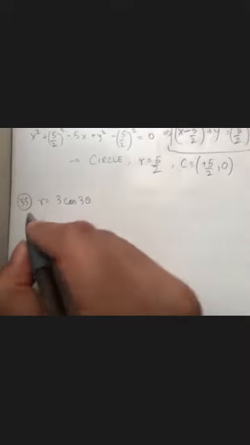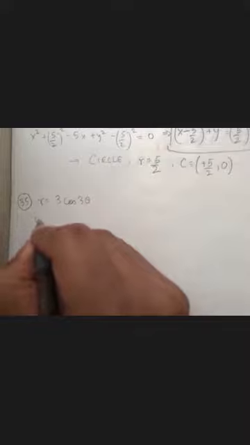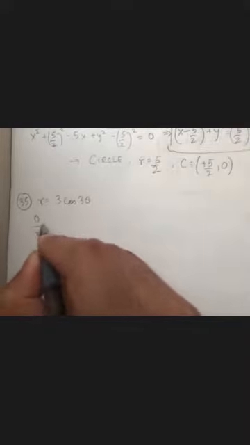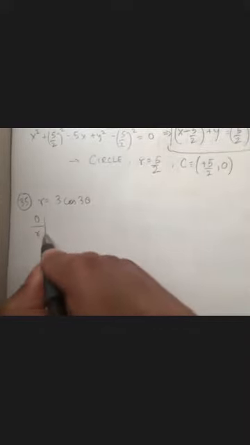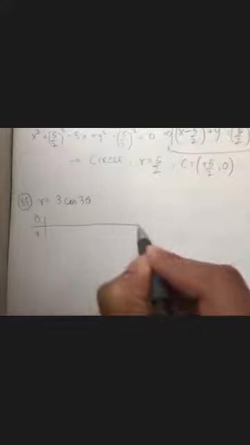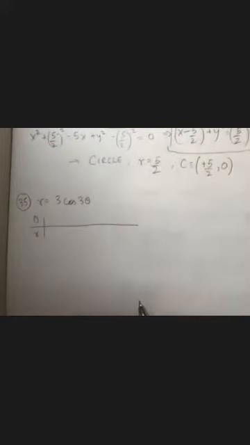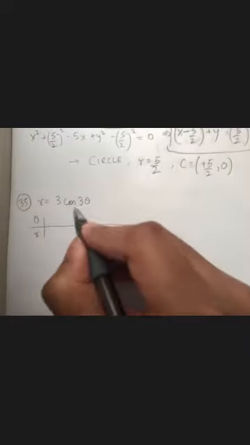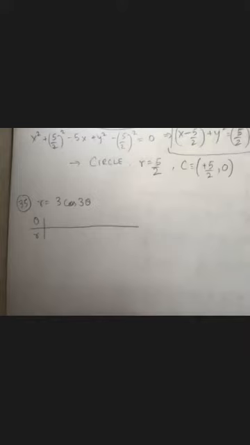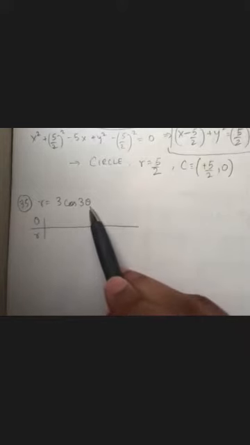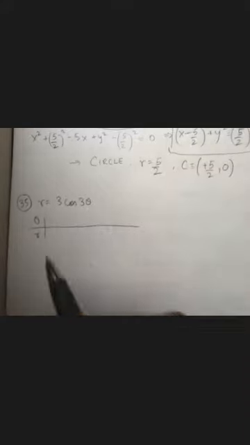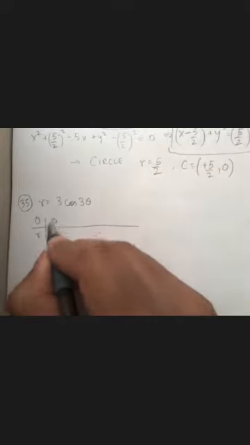To do that, let's make two rows, theta and r. Now what values of theta should we consider? Because it's 3 theta, we will start from 0.